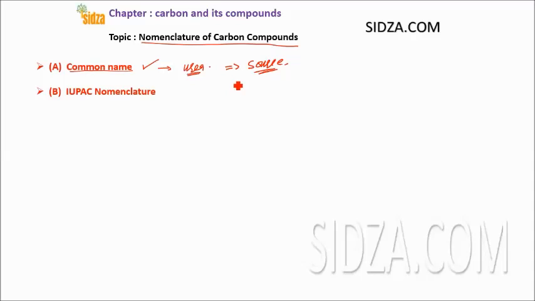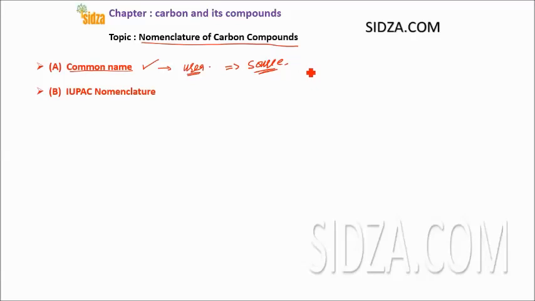Like wood spirit, the methyl alcohol, it was obtained by carrying out a destructive distillation of wood, and hence it was named accordingly, wood spirit, right? But later on, when new compounds were formed in the labs, this system was rejected.